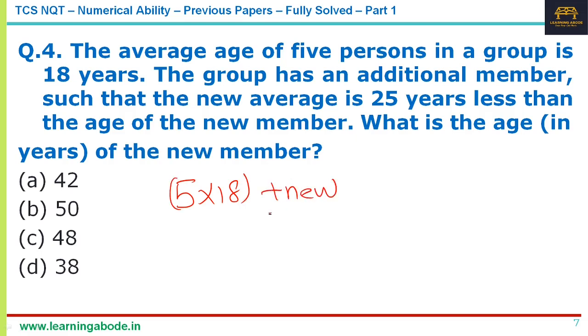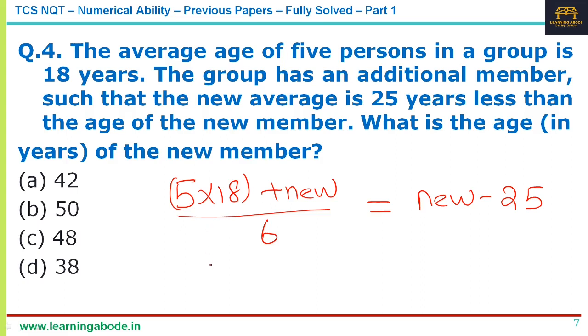Now when you take the average for these 6 people, this new average is 25 less than the new person's age.